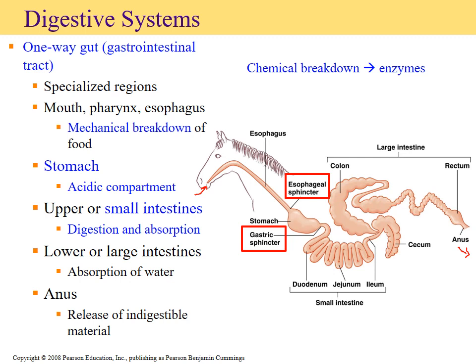As the food is passed down from beginning to end, it encounters specialized regions. Each of them will have their own individual function, their own individual environment, and their own individual purpose along the way. The mechanical and the chemical digestion that we've talked about will all get incorporated with the different areas that we encounter when we do our one-way gut analysis.